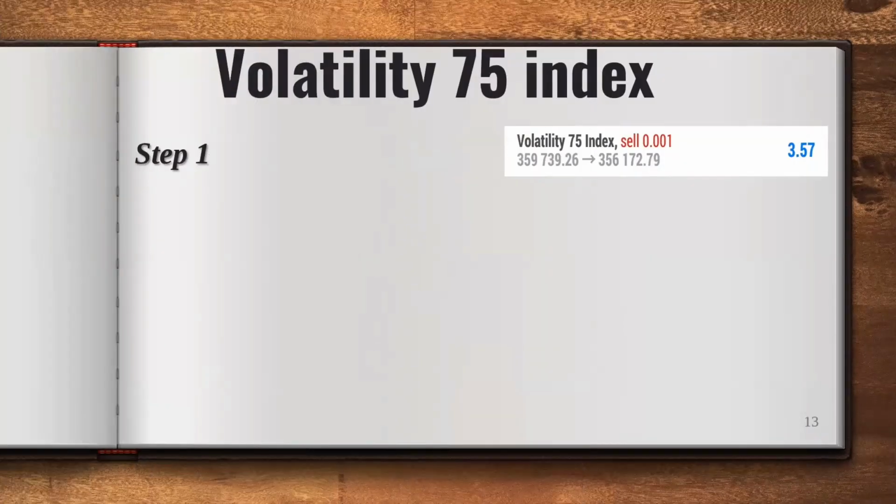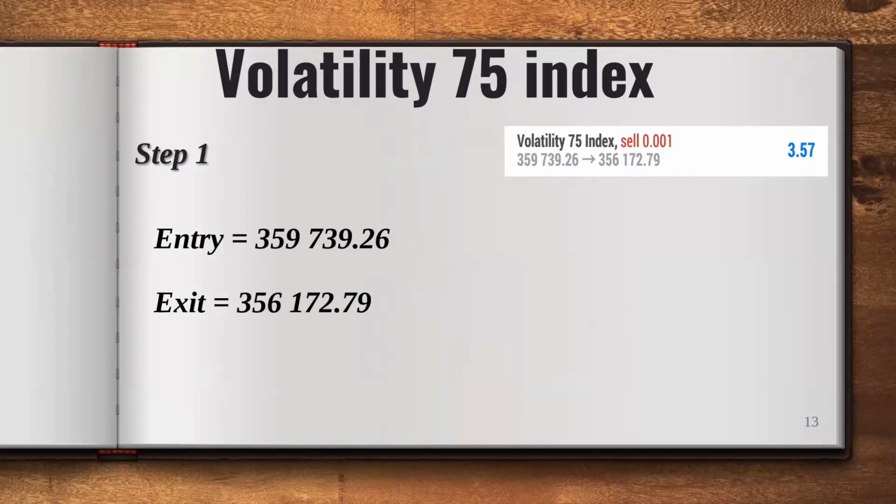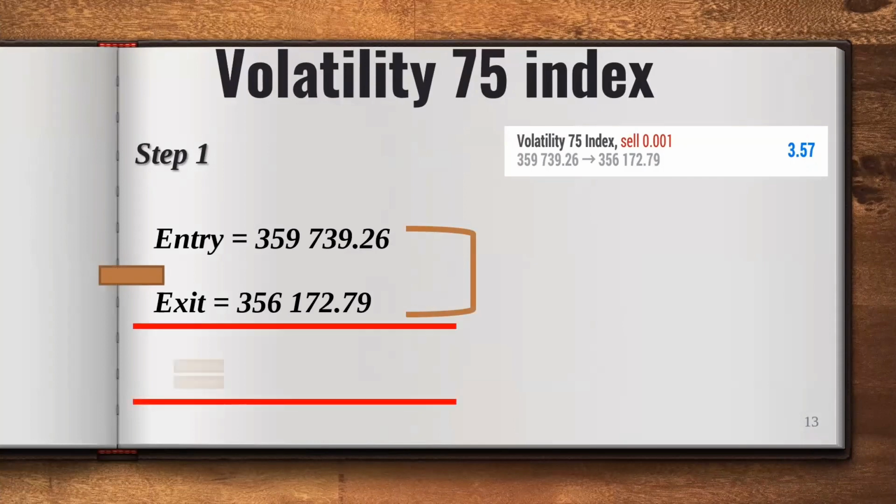First, you must take the entry minus the exit point. So here I will take 359739.26 minus 356172.79, and doing that, our answer becomes 3566.47.